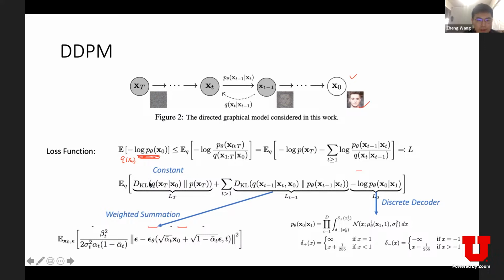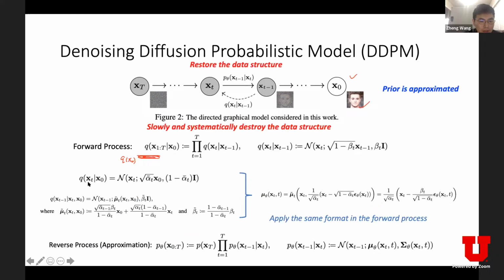The first one is a constant because p x T here is a standard normal distribution, and as we can see in the previous slides, as t increases to T, the mean term becomes 0, and the variance term becomes an identity matrix.